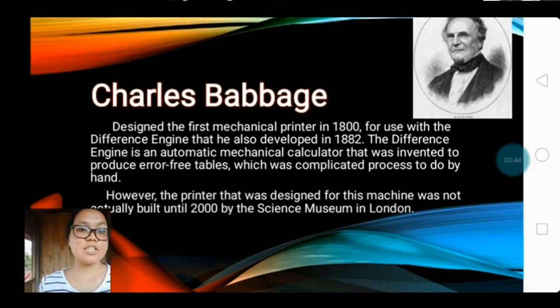The difference engine is an automatic mechanical calculator that was invented to produce error-free tables, which was a complicated process to do by hand. However, the printer that was designed for this machine was not actually built until 2000 by the Science Museum in London.